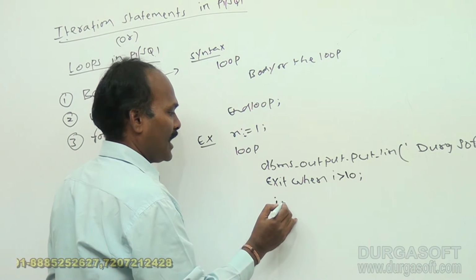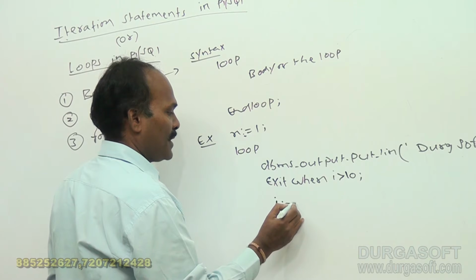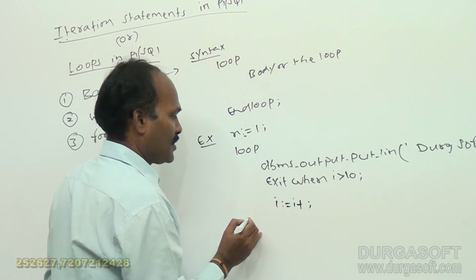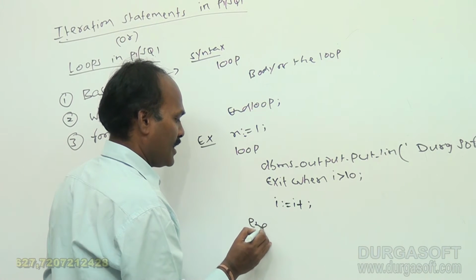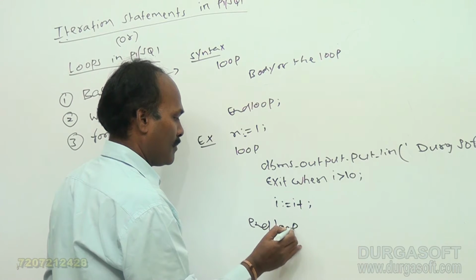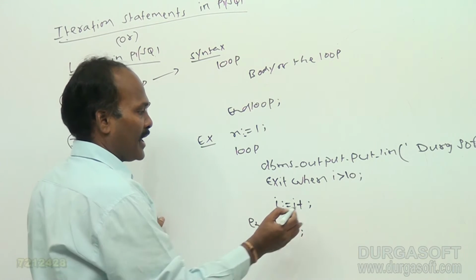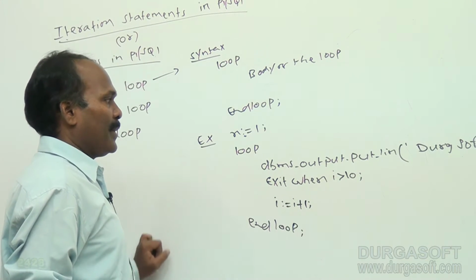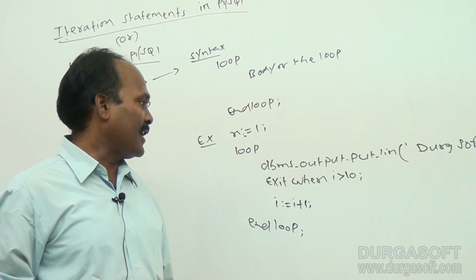Then n := n + 1. Finally you have to write end loop. So this is the mechanism for repeatedly printing DURGASOFT 10 times.